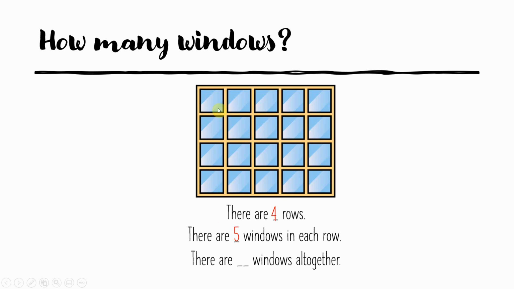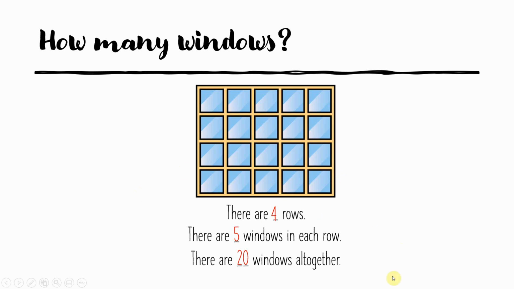So, which way do I need to count? Do I count the columns or do I count along the rows? I've got to count along the rows because each row has 5, whereas the columns have 4. So I need to count across. Ready? 5, 10, 15, 20. There are 20 windows all together.